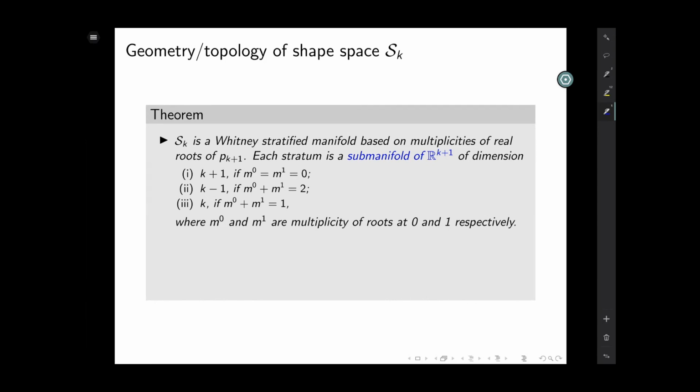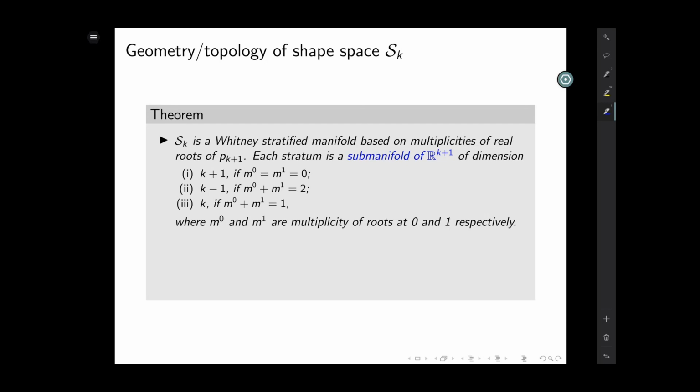So I have results from algebraic geometry which describe the geometry of real polynomials. And we could adapt such results basically to see what the geometry of the shape space, calligraphic S_k, that is k extrema, is. Okay, so the result here says it's a stratified manifold. That is, it is taken up and broken into individual little pieces. Okay, and each piece basically is a submanifold in R^(k+1).